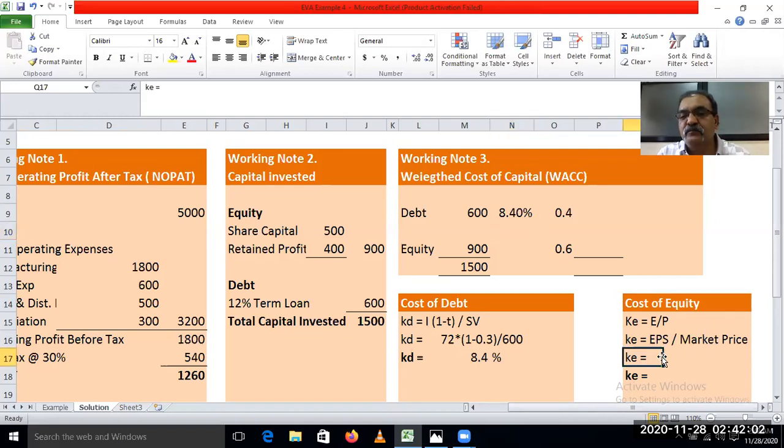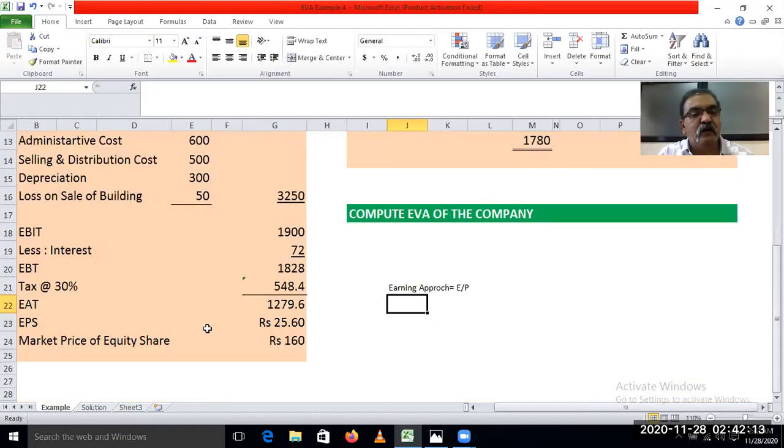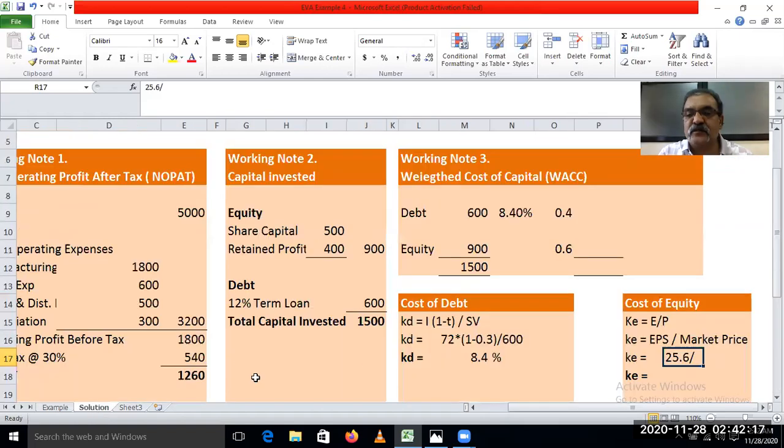E is equal to earning per share, that is rupees 25.6, divided by market price. Check once again, we will confirm it. EPS 25.6, market price is rupees 160, so divided by 160.